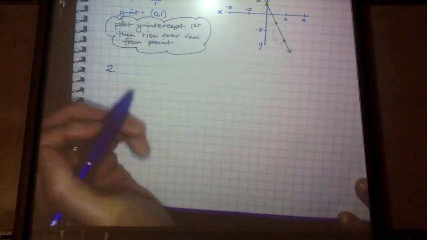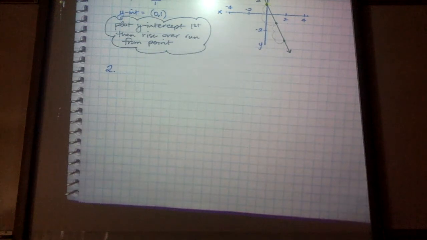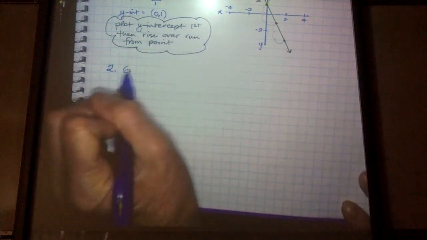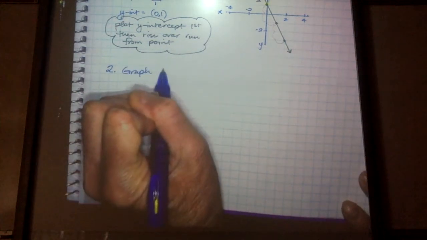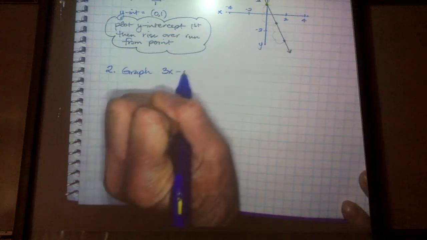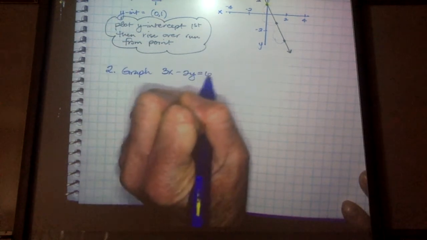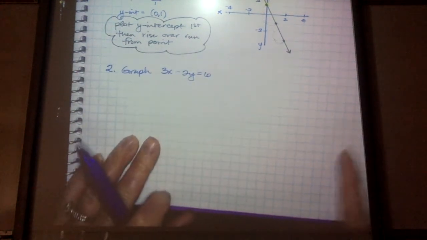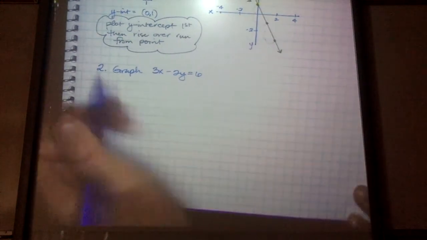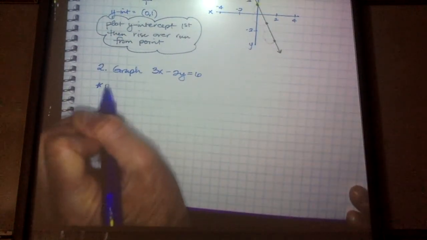So, next one. I want to make sure I did examples of both. So graph 3x minus 2y equals 6. Now, I need to put this in slope-intercept form.